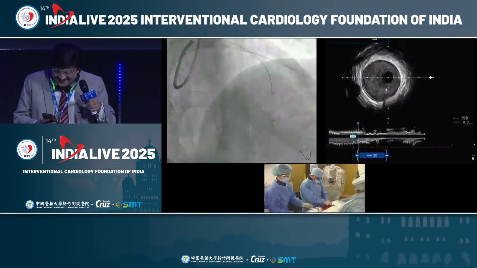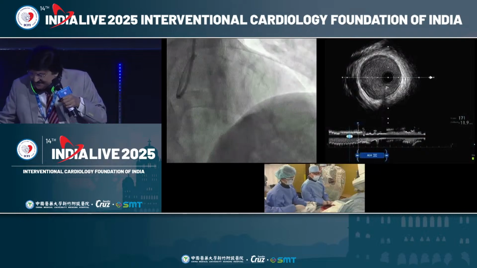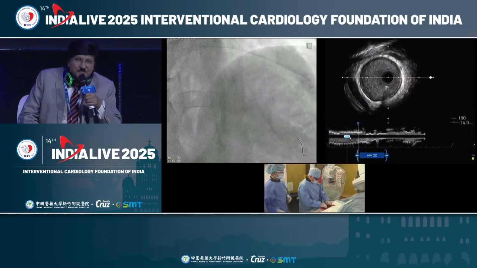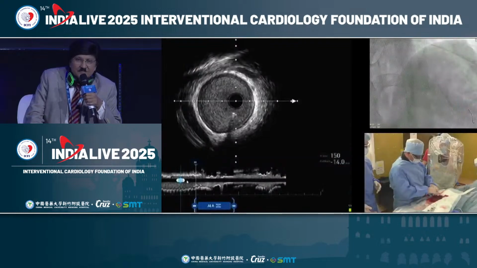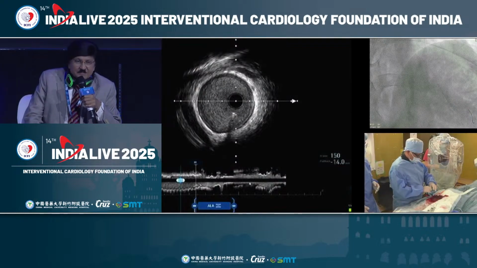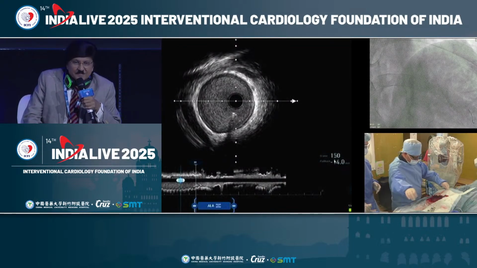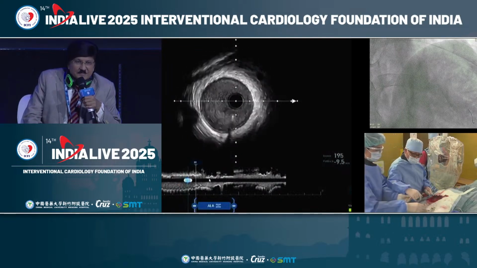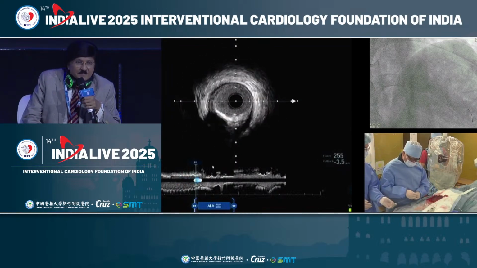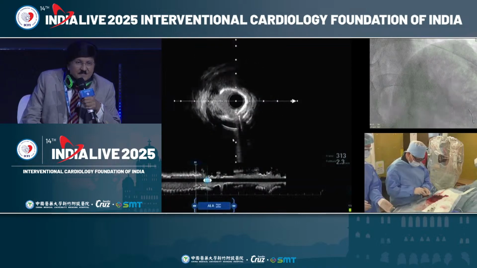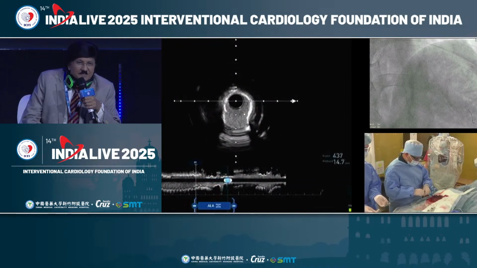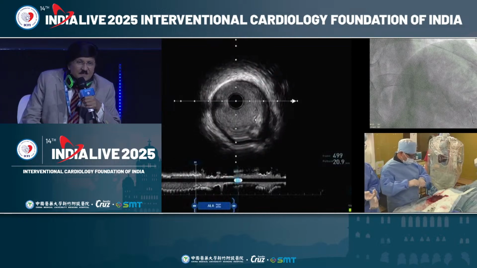So please explain the IVUS findings after 1.75. Okay, can you see the IVUS? This is the IVUS after rotablation with 1.75. This is the diagonal, and the calcium is well ablated, but we can see the calcium still there.